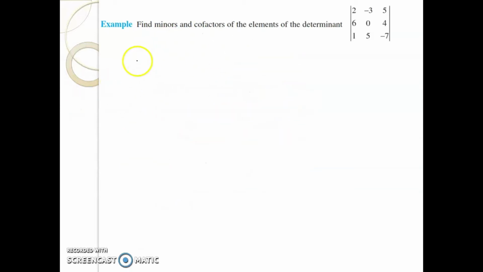Now we will be taking one question. Find minors and cofactors of the elements of this determinant. So we will start solving one by one. First element 2. It is in the position 11. So I am writing M11.